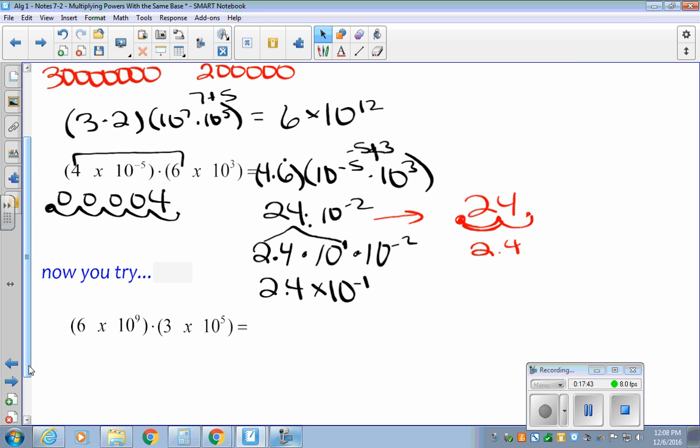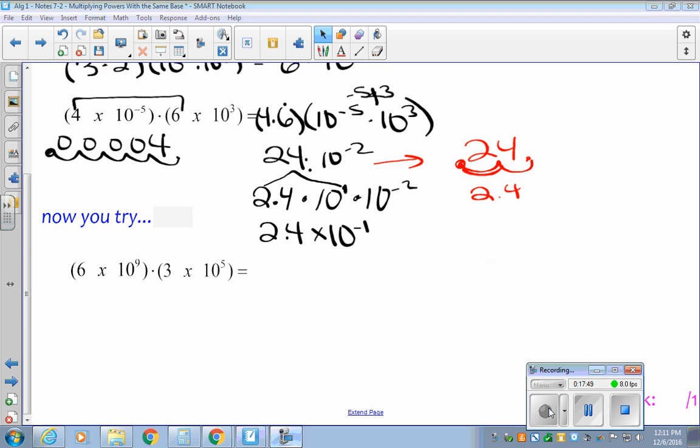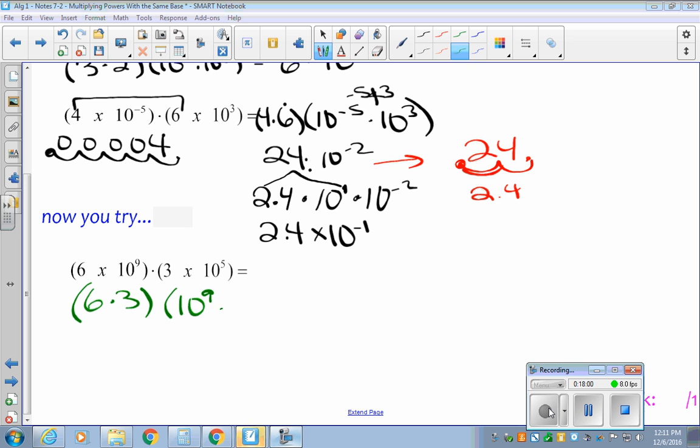Okay. Let's give these problems a try and see if it clears it up. If your answer has 18 in it, it is not correct. So we do the multiplication of the numbers, and then we multiply the tens. 6 times 3 is 18.